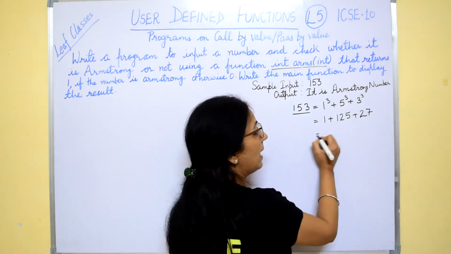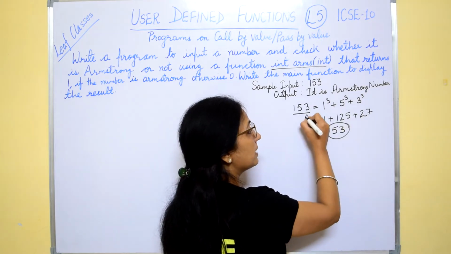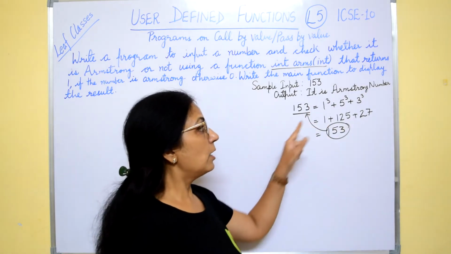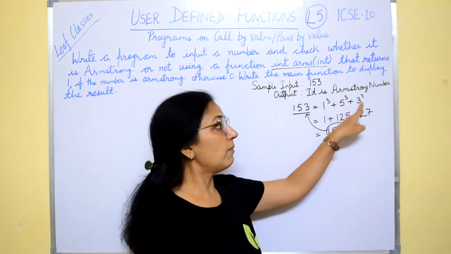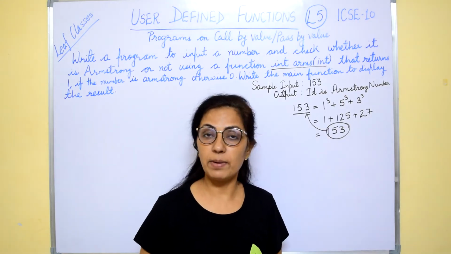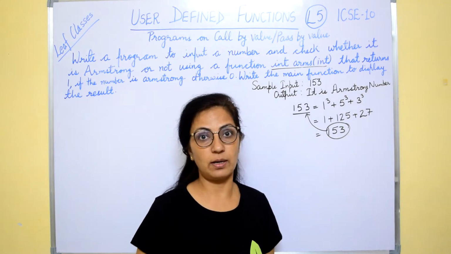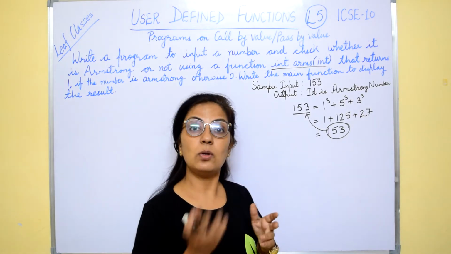So if you add these, you are getting 153. That is equal to the number. So if the sum of the cubes of individual digits is equal to the number itself, then that number is known as an Armstrong number.